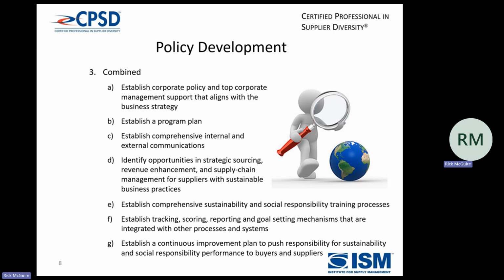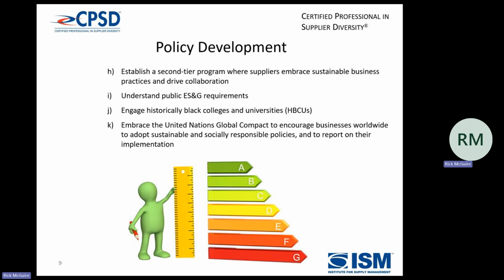Establish comprehensive sustainability and social responsibility training. Establish tracking, scoring, and reporting, and continuous improvement. Second tier program on the supply base, understand public ESG requirements, engage historically Black colleges, and embrace the United Nations Global Compact.